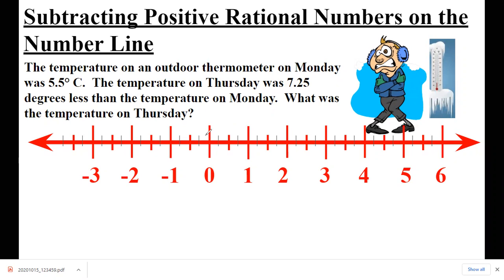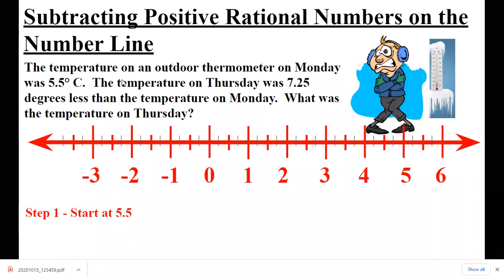Going the other way, we're going to have negative 0.25, negative 0.5, negative 0.75, negative 1, negative 1.25, negative 1.5, negative 1.75, etc. Just want you to get a feel for how that number line is working.